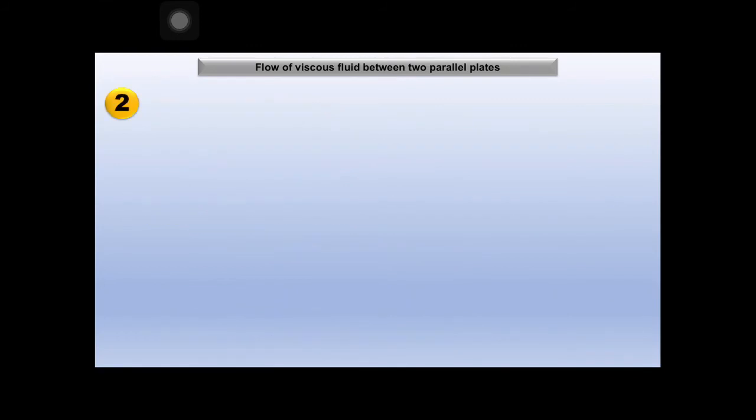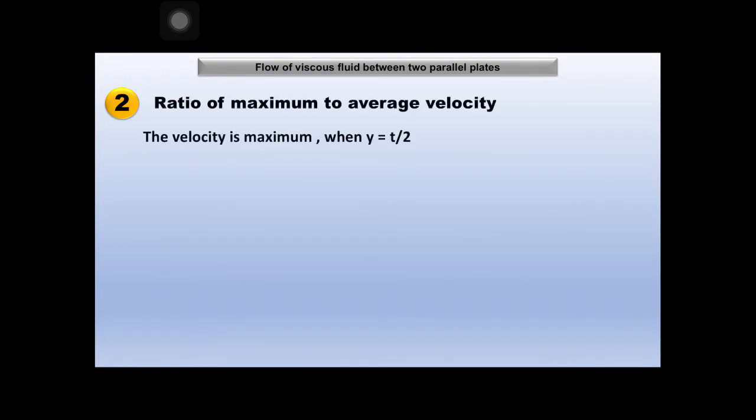Now we'll see the second parameter in this flow, that is the ratio of maximum to average velocity. The velocity is maximum when the flow is at the center, that is nothing but y is equal to t by 2. You can see in this diagram, when the flow is at the center, that is t by 2, the velocity is maximum. So u maximum will be there.